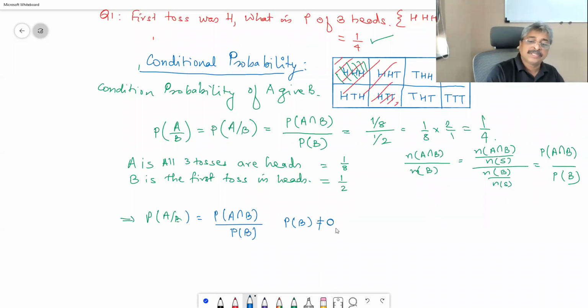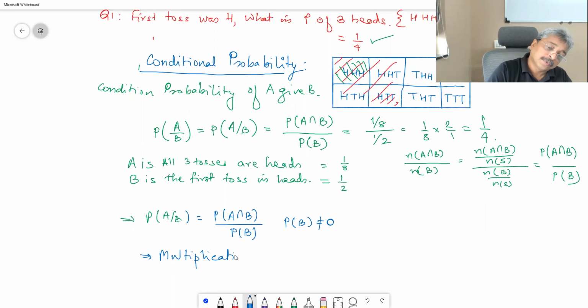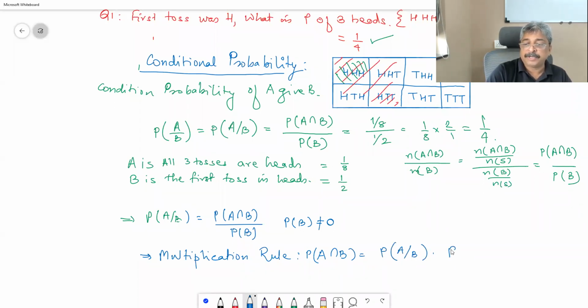If probability of B is 0, then A given B does not make any sense. But if probability of B is not equal to 0, then we get the multiplication rule or theorem. That is, probability of A intersection B is equal to probability of A given B into probability of B.